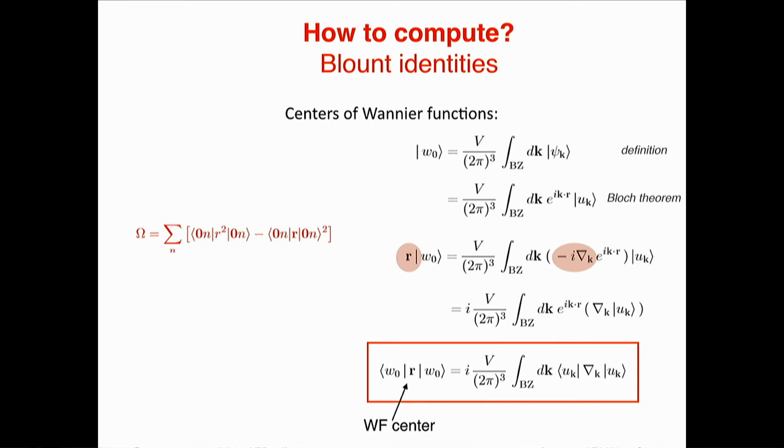I just did an integration by parts. And so you see that now if I do the sandwich on this side, the matrix element is nothing else than this integral of this ingredient, where you have a gradient in between u_K. So that's for R. If I want to do R squared or in general higher powers, it's very easy to do the trick more times, and then we get powers of this gradient and of i.